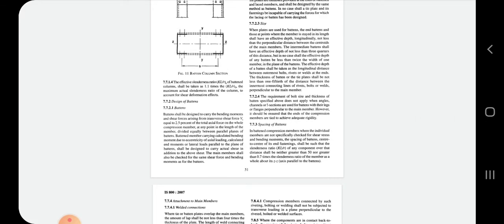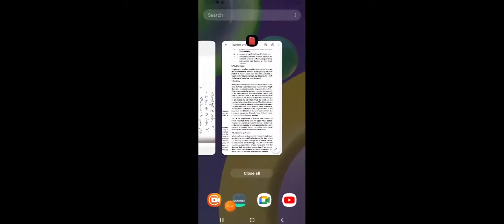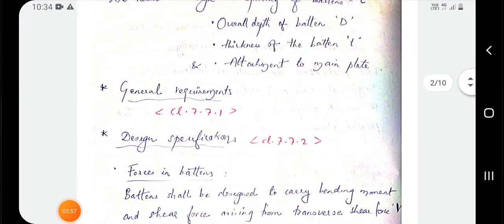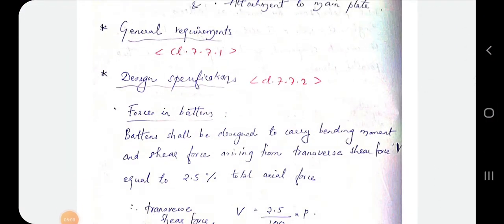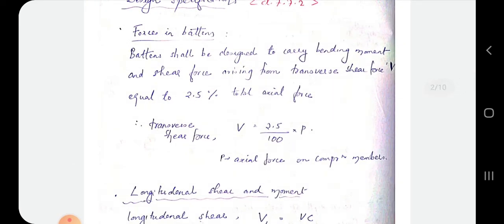Then we will come to design of battens. Important design specifications: the first one is the forces in battens. Just like in lacings, the batten should be designed to carry the bending moment and shear force which is acting longitudinally, and it is arising due to the transverse shear acting on the battens.